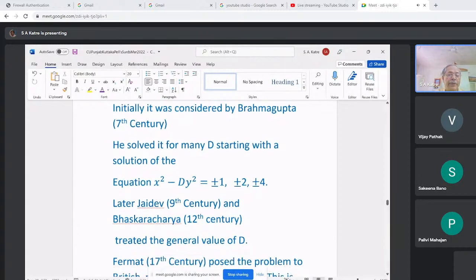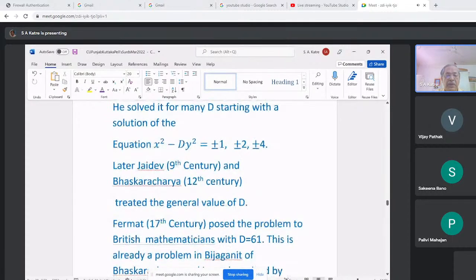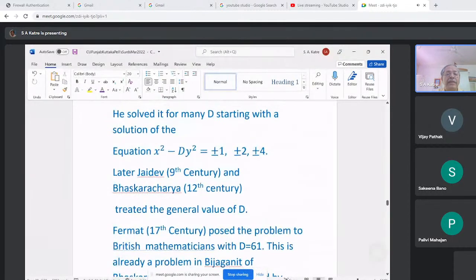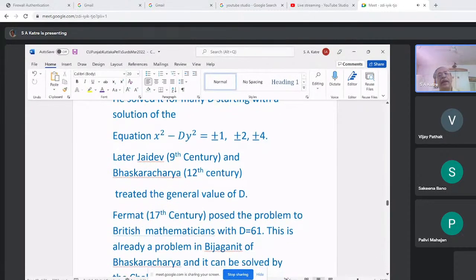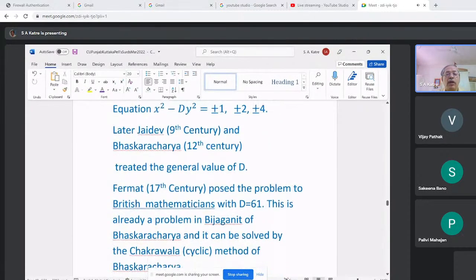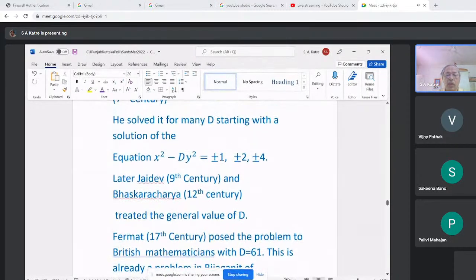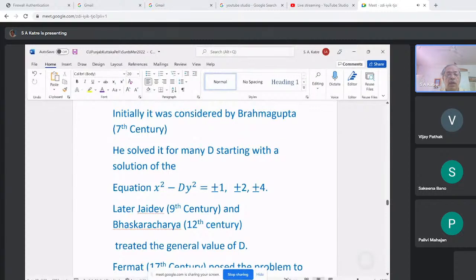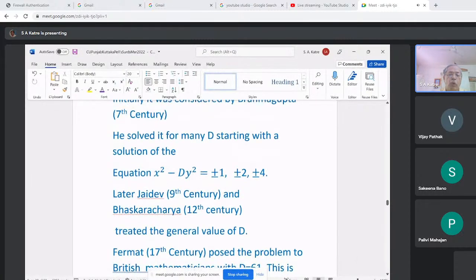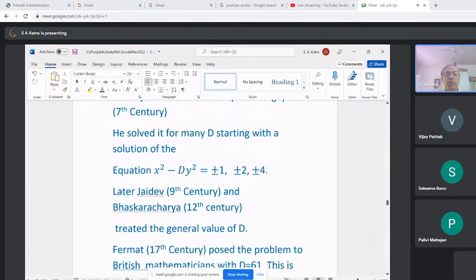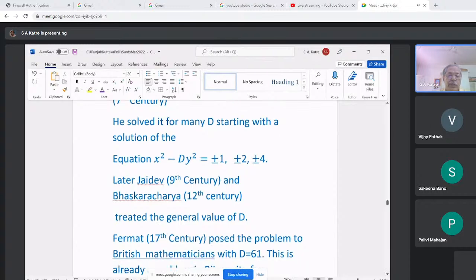He had developed some methods, and if d is equal to 92, for example, he has a solution. Many such problems could be solved by the method of Brahmagupta, provided you know, for example, the solutions when the right hand side is plus 2, minus 2, plus 4, minus 4, then he can do some manipulations.